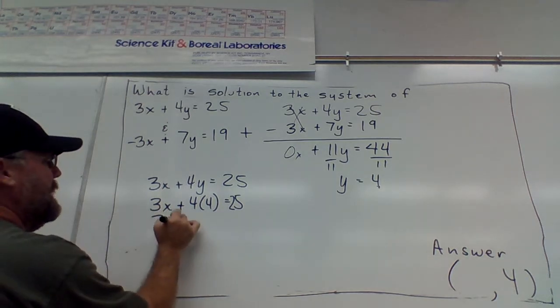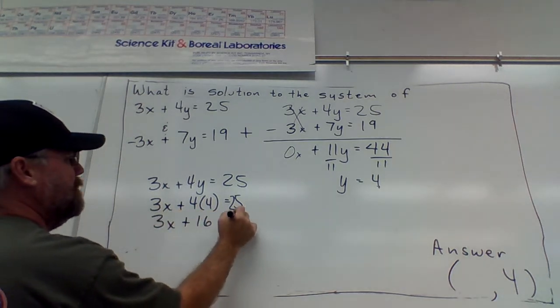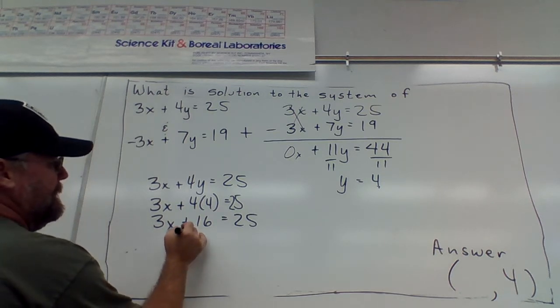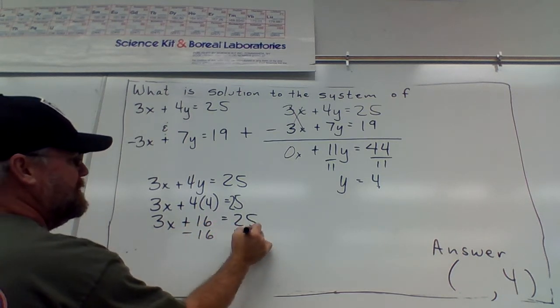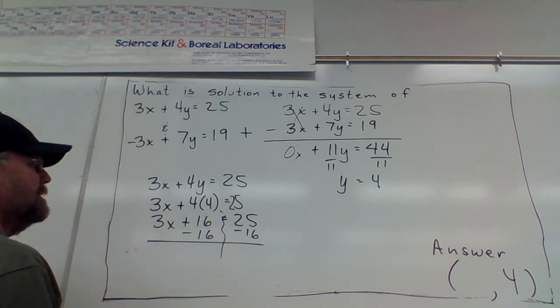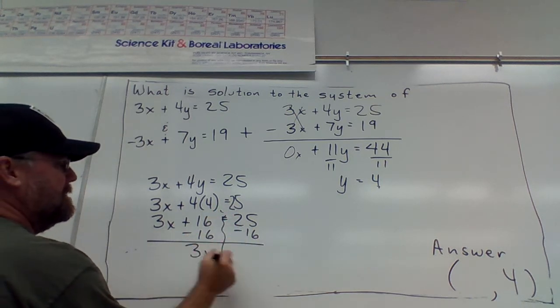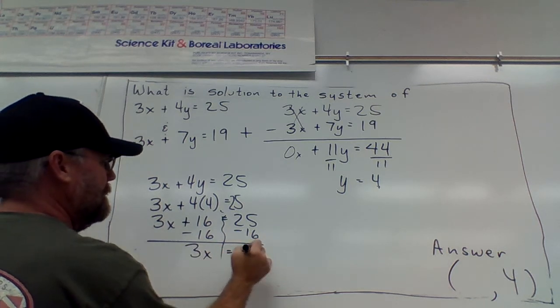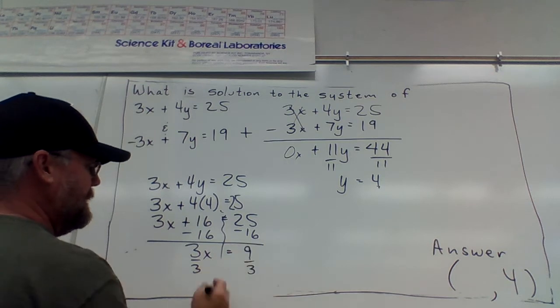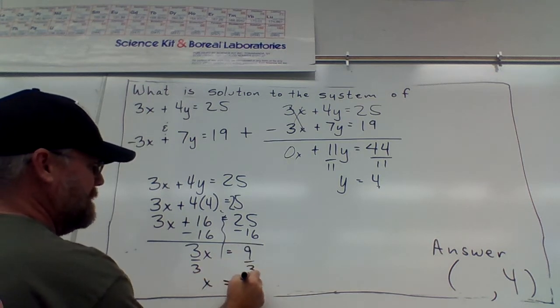I get 3x plus 16 equals 25. Take away 16 from both sides, build your wall if you want to, and I get 3x equals 9. Divide off the 3, divide off the 3, and I get x equals 3.